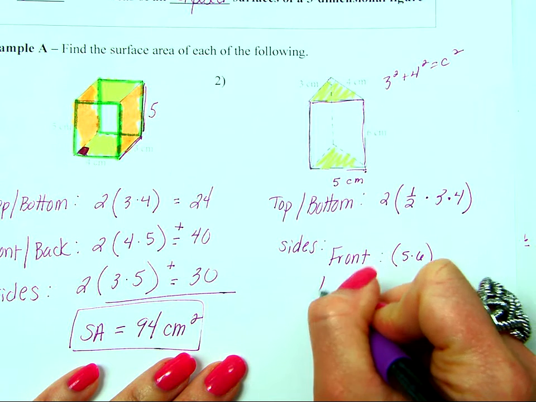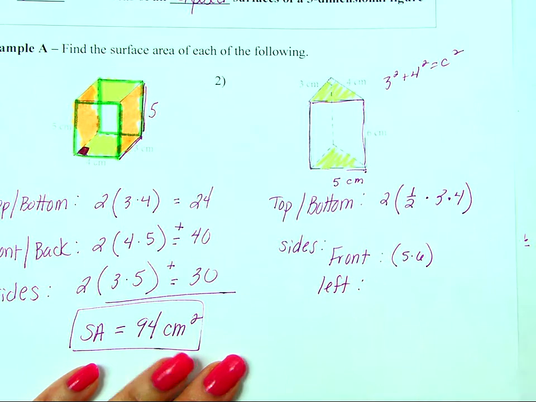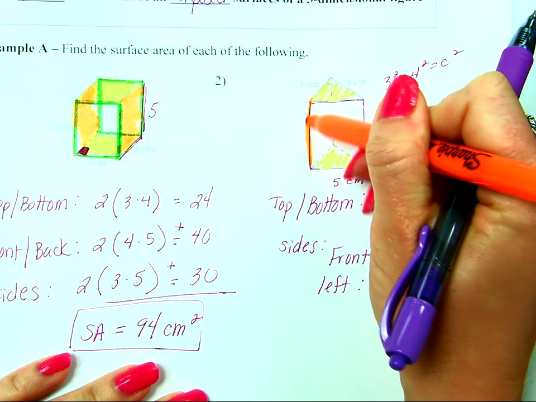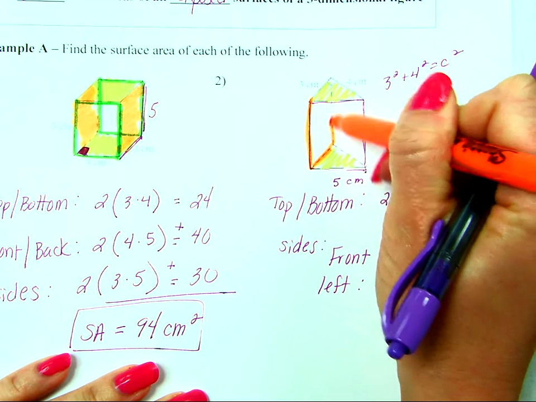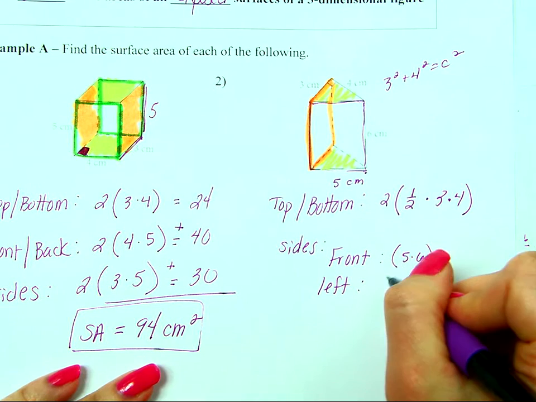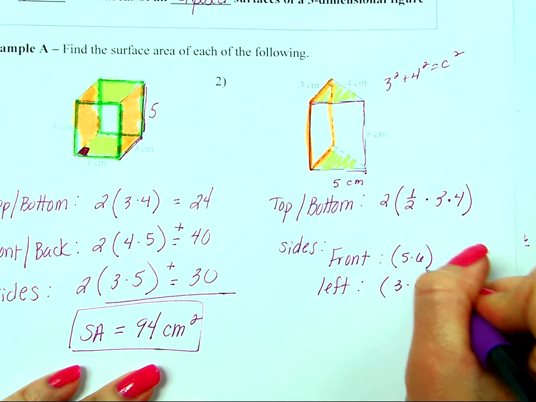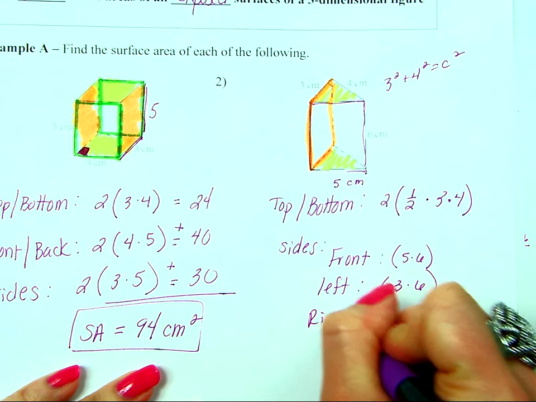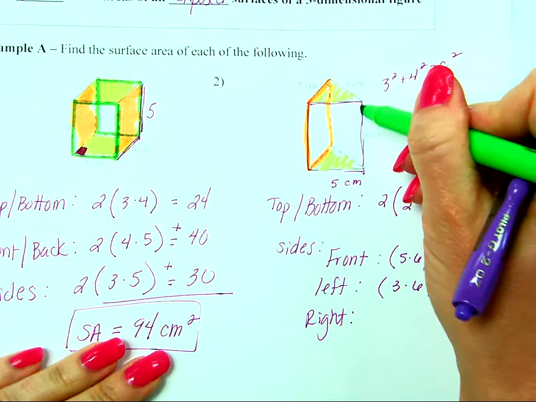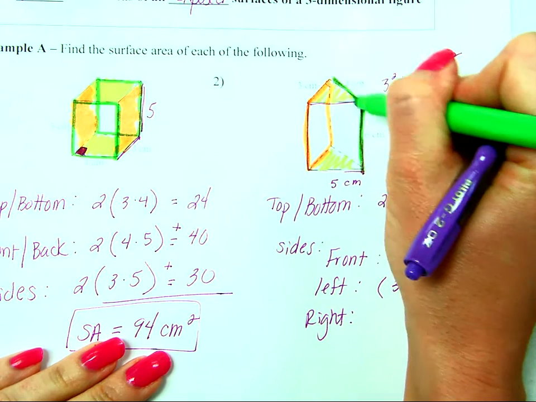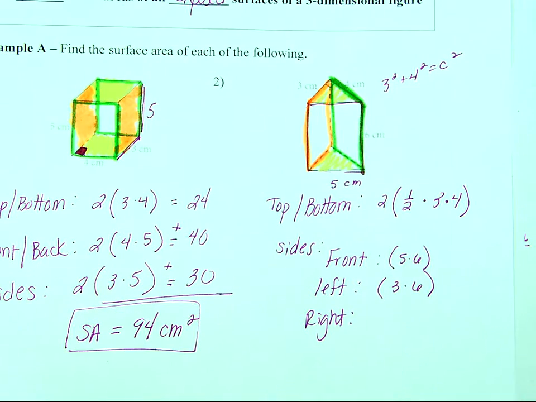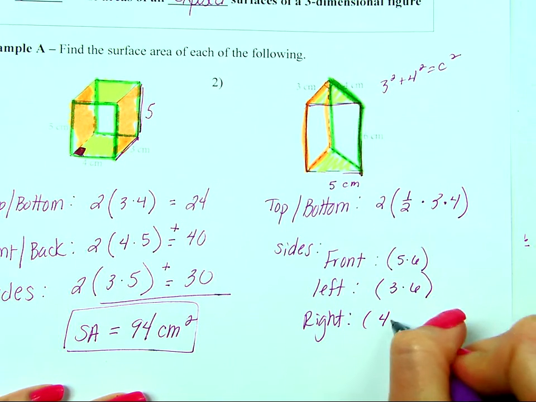Let's call the left side. My left side here, again, height of 6, but this dimension is going to be a 3. So this is going to be a 3 by 6. And then on the right side, again, height of 6, but this dimension here is going to be a 4. And so we have 4 by 6.